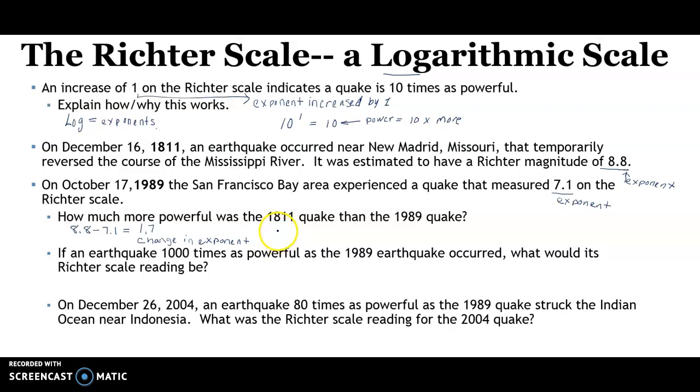Because it is logarithmic, I'm going to use a base of 10 with an exponent of 1.7. And I put that on my calculator, so 10 caret key 1.7, and rounding off, I got 50. So this means that the 1811 quake would be 50 times more powerful.